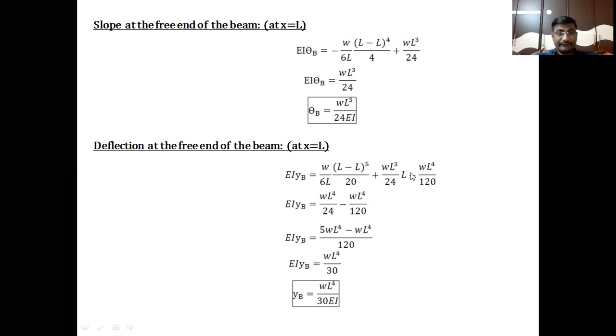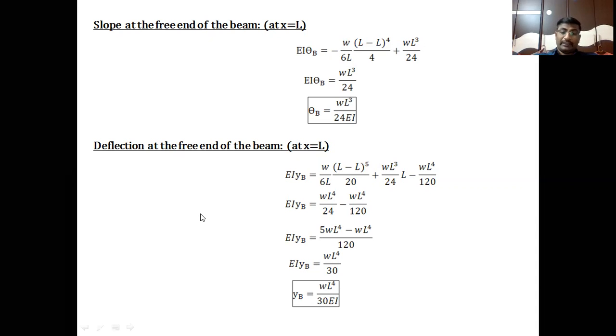The first term is 0. So WL power 4 by 24 minus WL power 4 by 120. Taking 120 as the LCM, 5 WL power 4 minus WL power 4 is 4 WL power 4 by 120, and 4 by 120 is 1 by 30. So WL power 4 by 30. Finally we get the deflection at the free end, yB equal to WL power 4 by 30 EI. This is the formula to calculate the deflection at the free end if the UVL is acting on the cantilever.